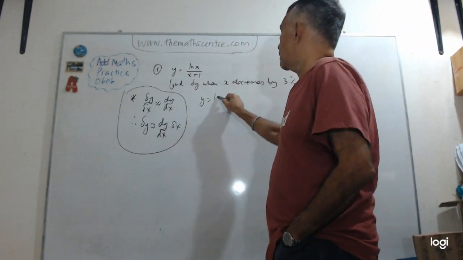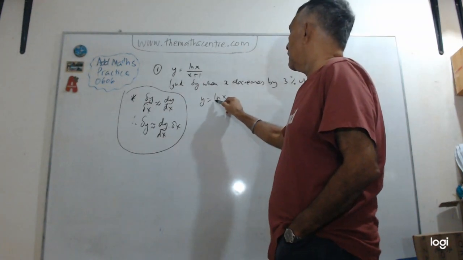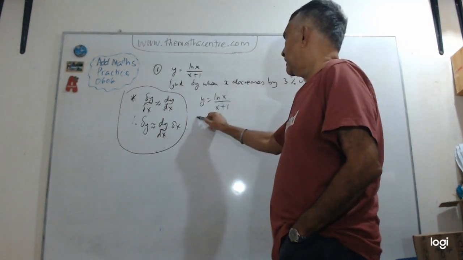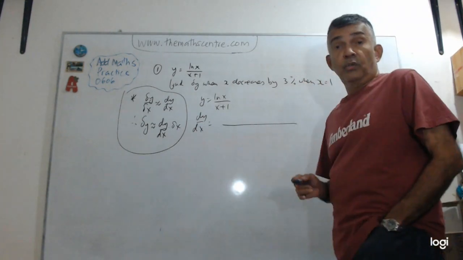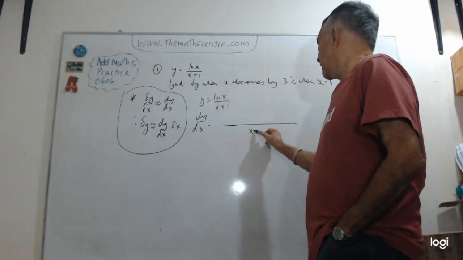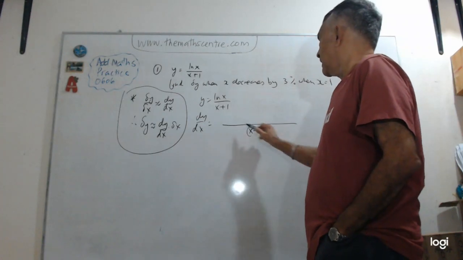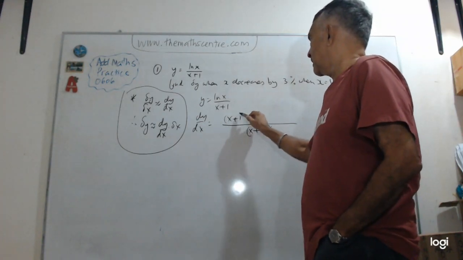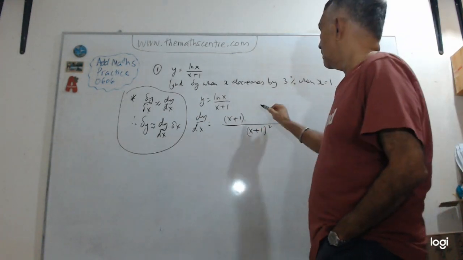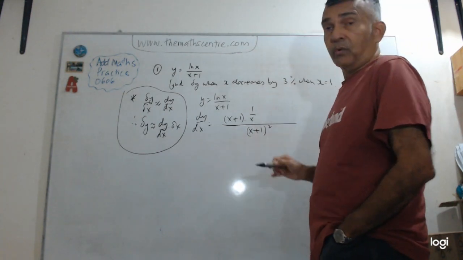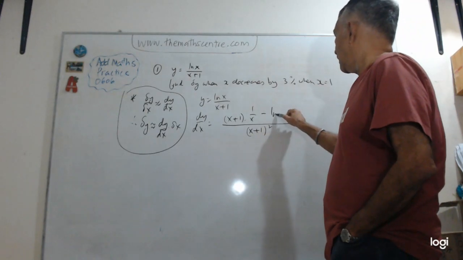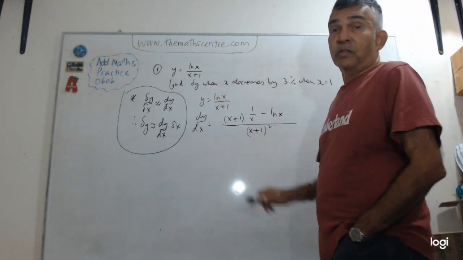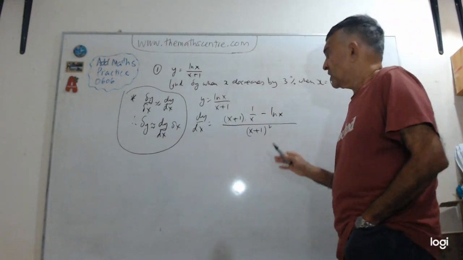So y equals ln x over x plus 1, then dy/dx will be equal to, let's use the u over v rule. I have (x plus 1) squared on the bottom. Then I'll write x plus 1, then differentiate u: when you differentiate ln x, you get 1 over x, minus ln x times the derivative of x plus 1, which is 1.